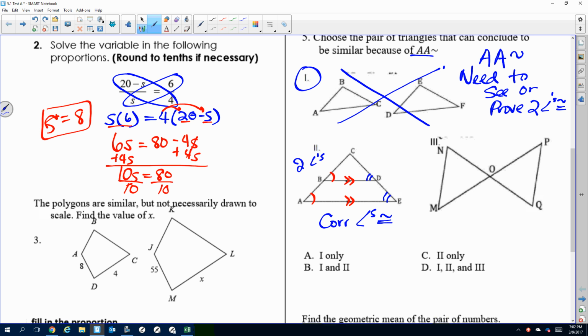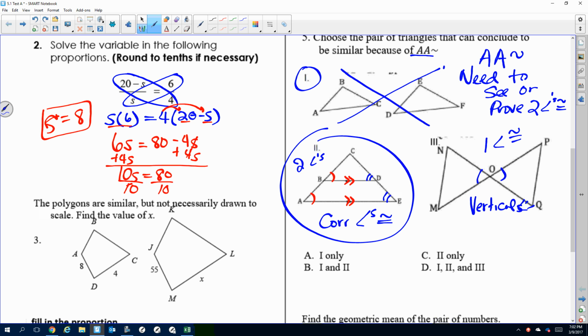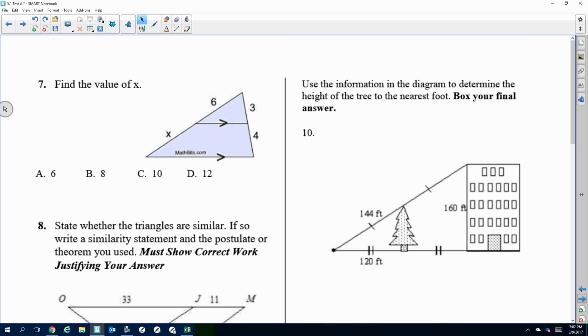On picture 3, the only thing that you can mark are your vertical angles. Sorry. So that's here. This is only one angle. You need 2. So this is your answer. It was 2 only. Okay? So that is on your reassessment. So let's make sure you understand how to do that. And then the other problem will be number 8.